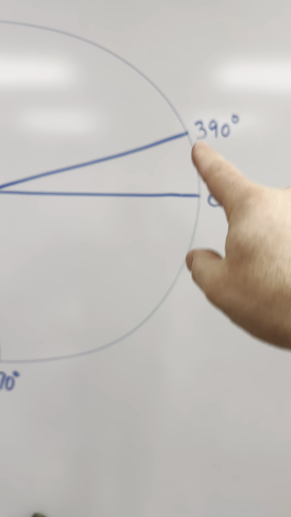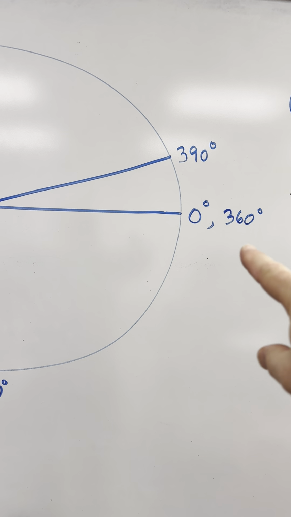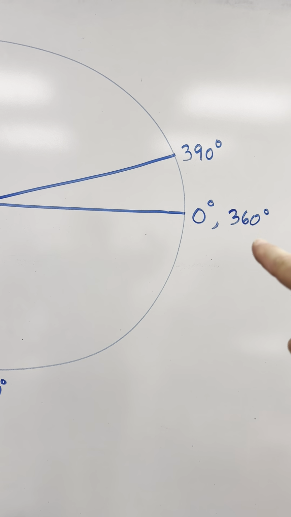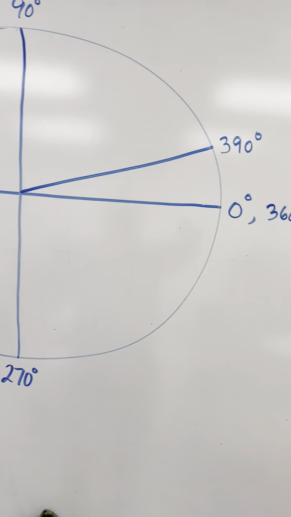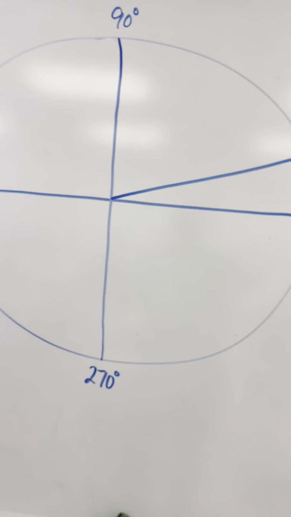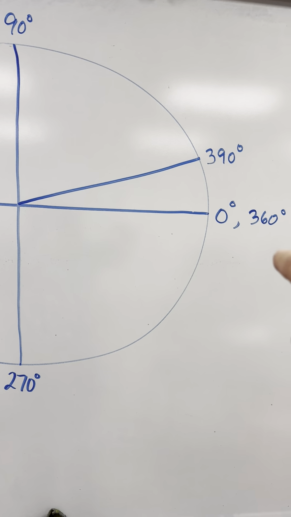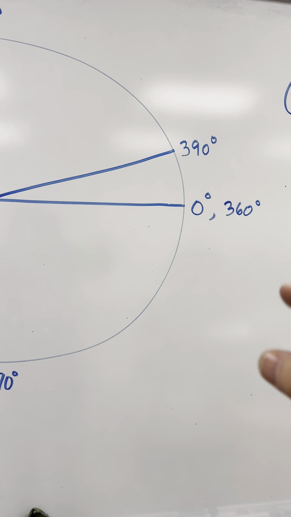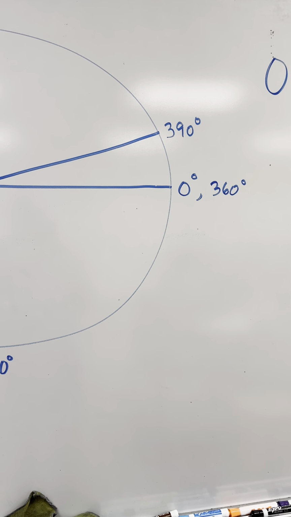I could keep wrapping around over and over again. 360 is also 720, and this is also 1080. I could just keep going and wrapping. So 360 and 720 are called coterminal angles, okay?